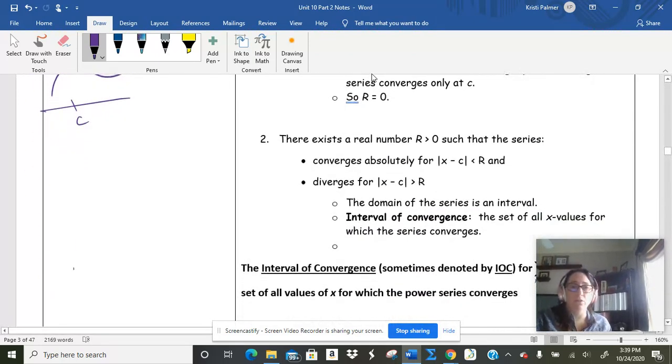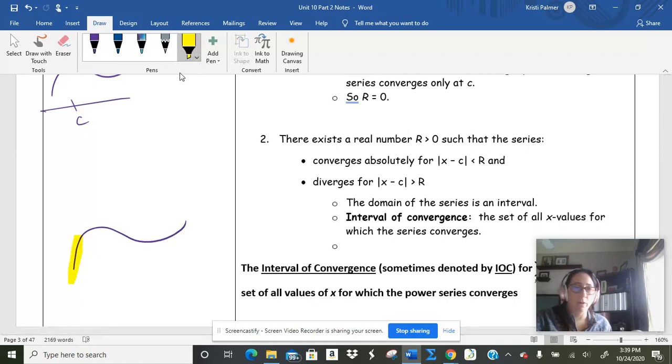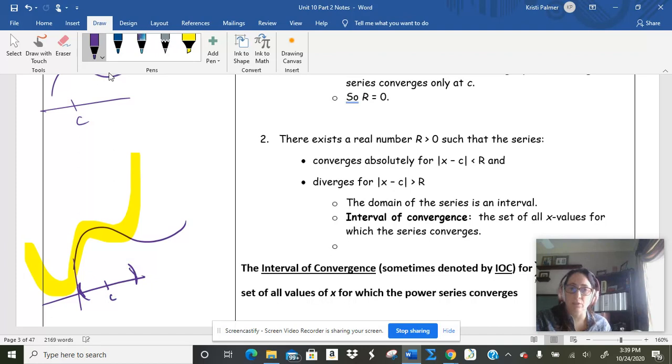It could converge maybe for part of the series and then it goes away. So it can converge just on some radius around where you are centered. So just on an interval, everything matches and then the rest doesn't match.